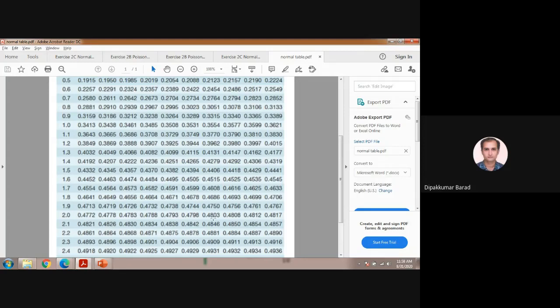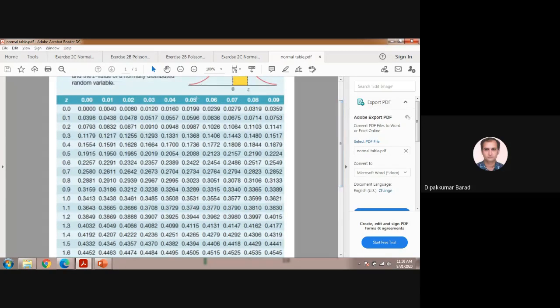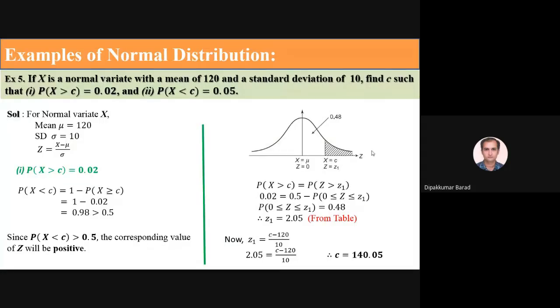Here we have 0.4803, a difference of 0.0003, and here we have a difference of 0.0002. So I will consider this point. I get 2.0, and then in this column 0.05, so I get 2.05. I hope it is clear now. So I get Z1 equal to 2.05.